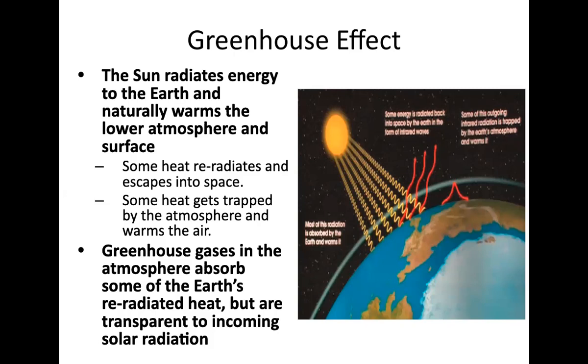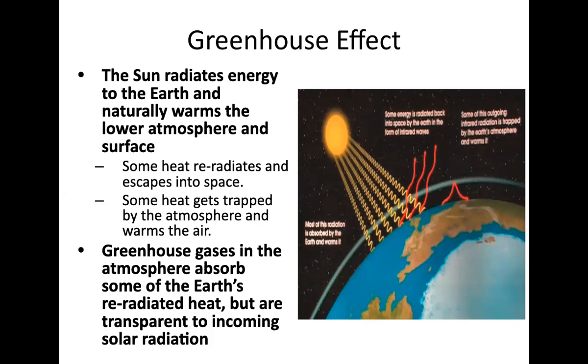When you walk into a greenhouse, it's pretty toasty in there compared to outside. The rays come in, bounce around, and the heat is trapped inside. The same thing works in the actual atmosphere, and that is what is known as the greenhouse effect.